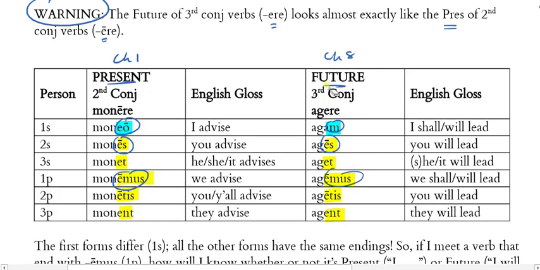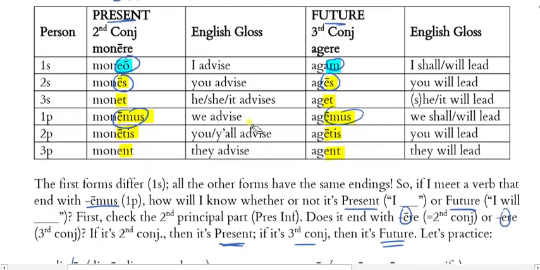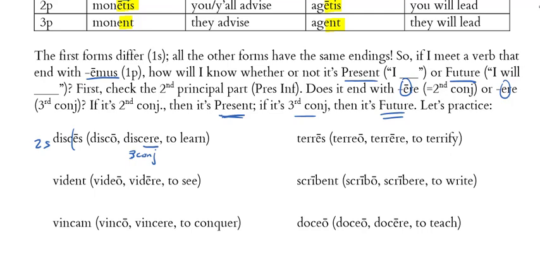An -es ending on a third conjugation form is future, right? So I'm parsing this out: future active indicative, second singular. So how am I going to translate that? I'm going to translate that as you, and it's got to be future, will, and disco is learn, so you will learn.